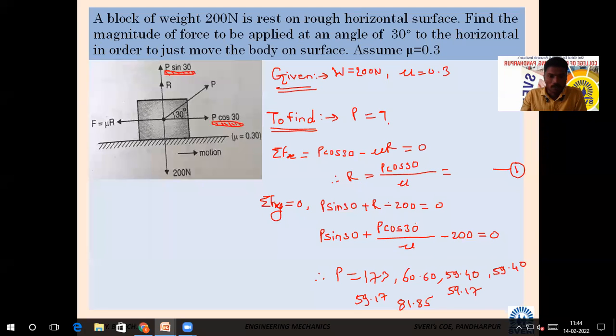आता कोणाचं खरं धरायचं? साक्षी, युअर आन्सर. 59.17. सर ते 59.40 आलेलं, इक्वेशन वेगळं केलं म्हणून तसं आलं सर. Let it be 59. Okay, we'll check quickly. काल ज्या पद्धतीने केलं होतं त्याच पद्धतीने केले.